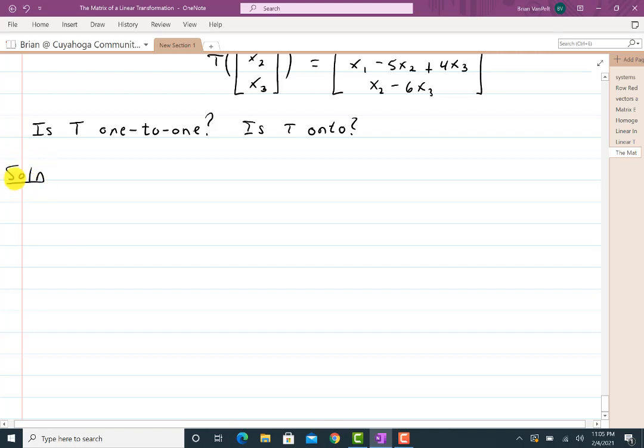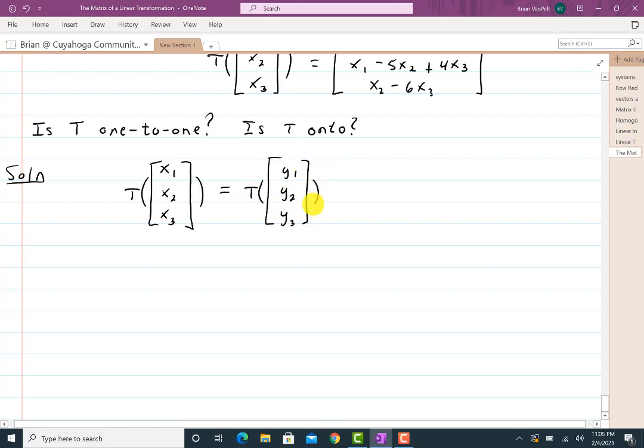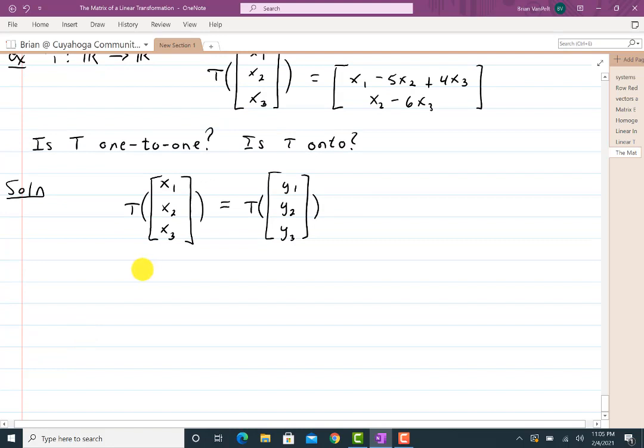So for the 1-to-1 part, I'm going to look at something like this. Suppose I have T of x1, x2, x3 equals T of y1, y2, y3. So let me use my formulas. On the left, I have x1 minus 5x2 plus 4x3, x2 minus 6x3.